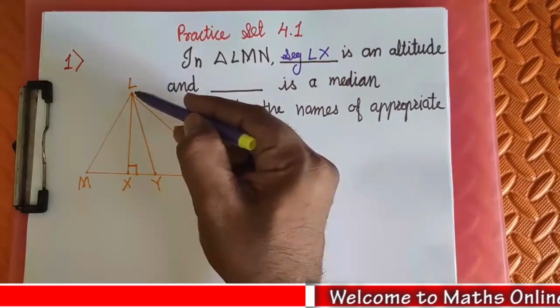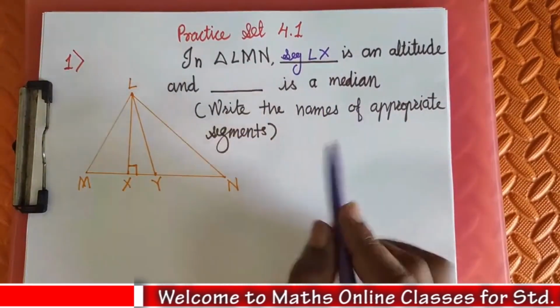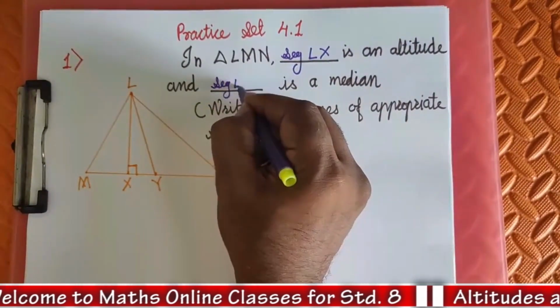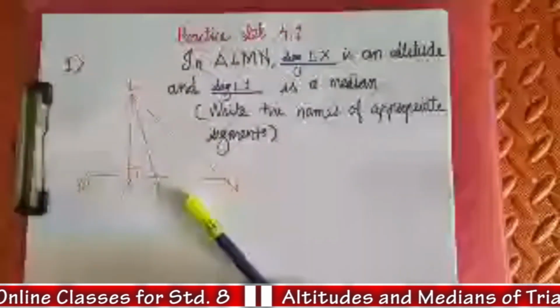Hence segment LY is our median. Segment LY. You can write question number 2.